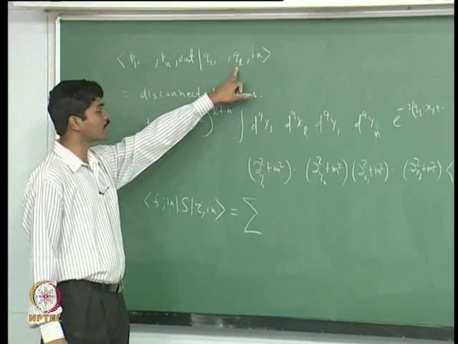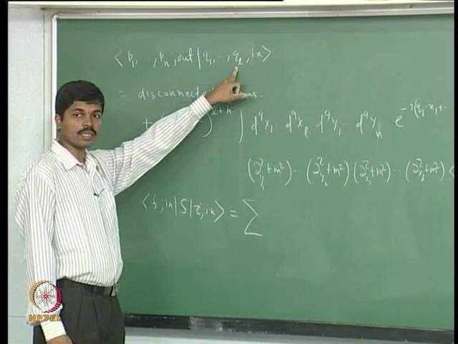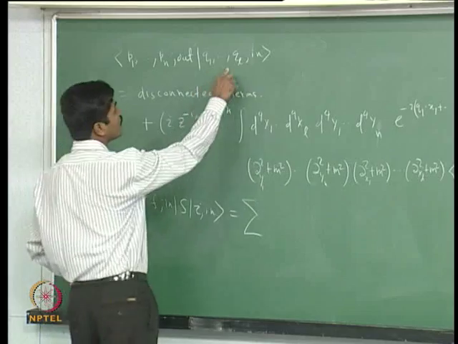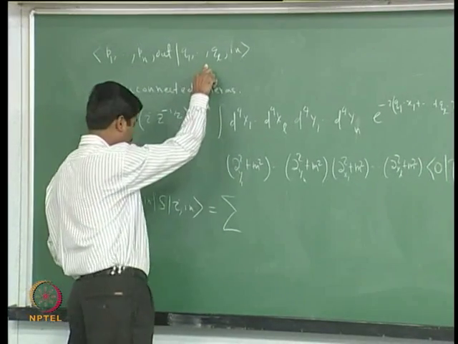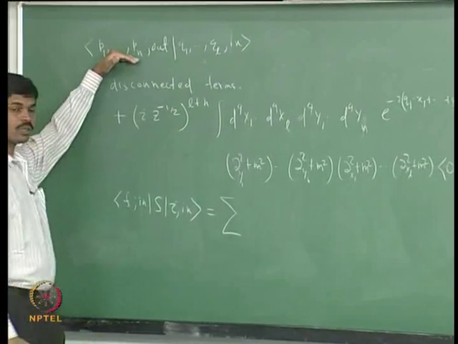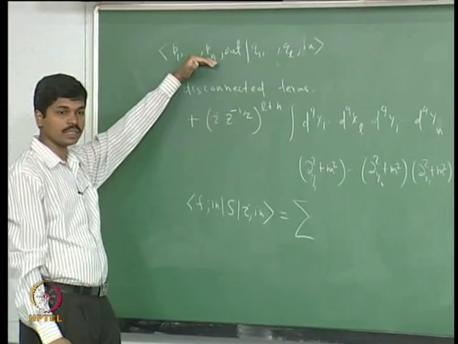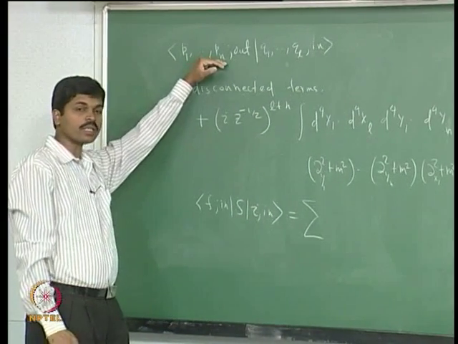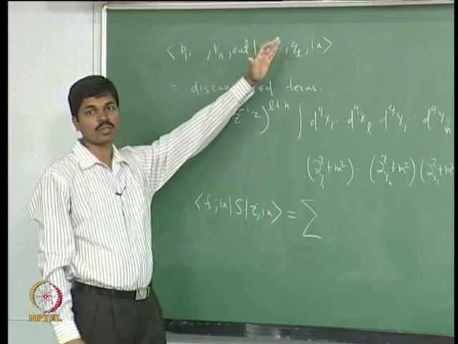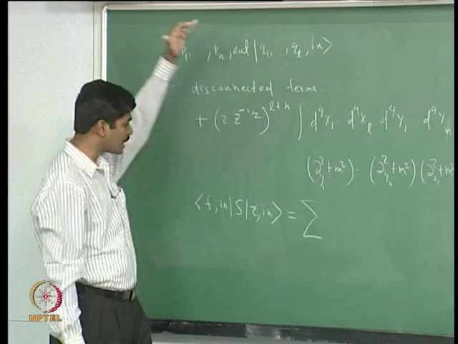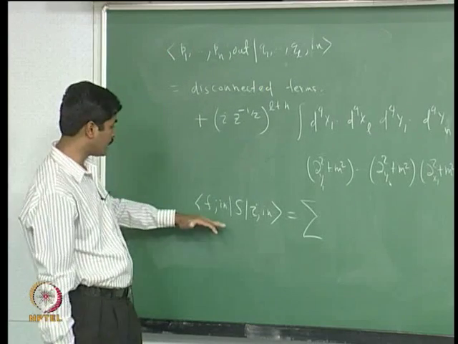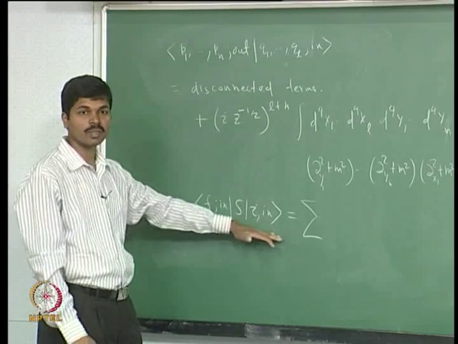You can consider all possible subsets here, okay? And similarly, all possible subsets here. You can compute the connected part of the S matrix elements, take their product and take the sum. That will give you the final S matrix element here.